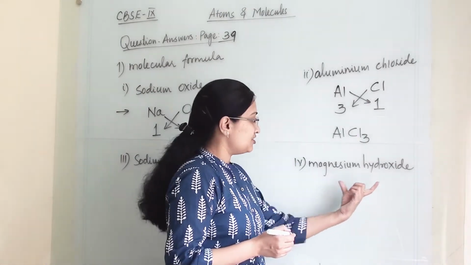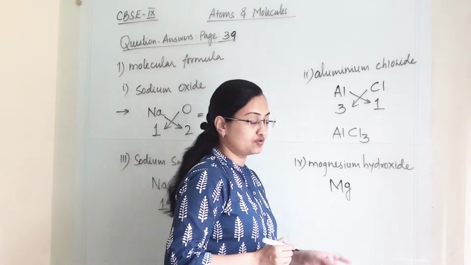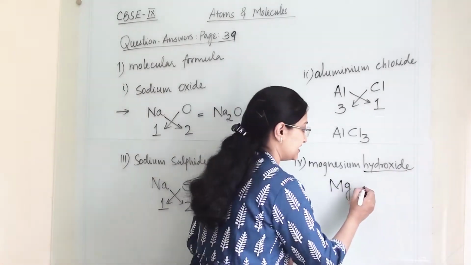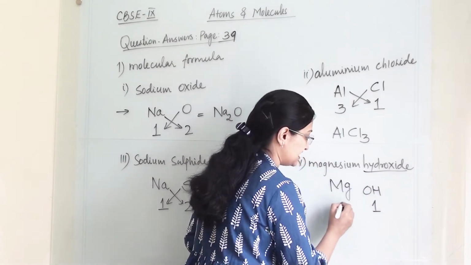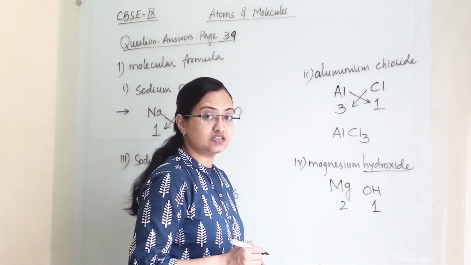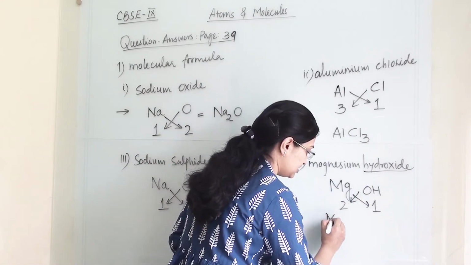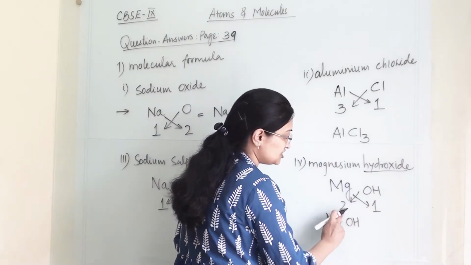Now magnesium hydroxide. Magnesium is Mg and hydroxide, what is hydroxide? It is a polyatomic ion and it is OH. So its valency is 1 whereas magnesium's valency is 2. By the crisscross method we will get MgOH, and with OH this 2 will go.